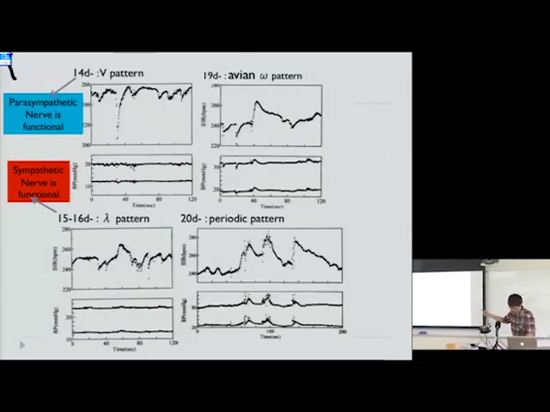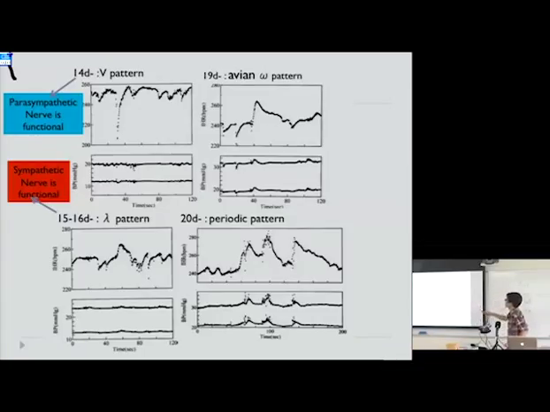And this figure shows the wave patterns that emerge by date. These four patterns appear ordinarily in chick embryos. This is the day 40 pattern, the V pattern, and on this day the parasympathetic nerve is functional.